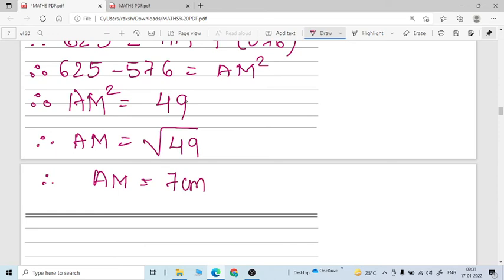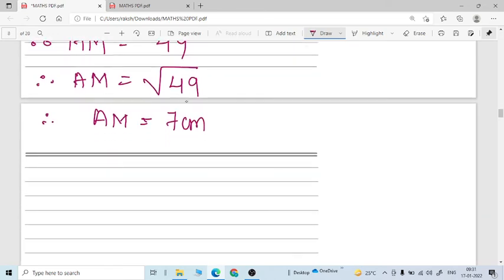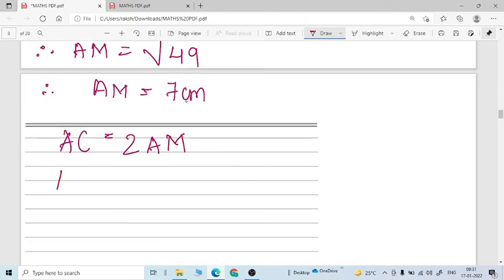Now AC, the whole diagonal, is 2AM, that is 2 into 7.